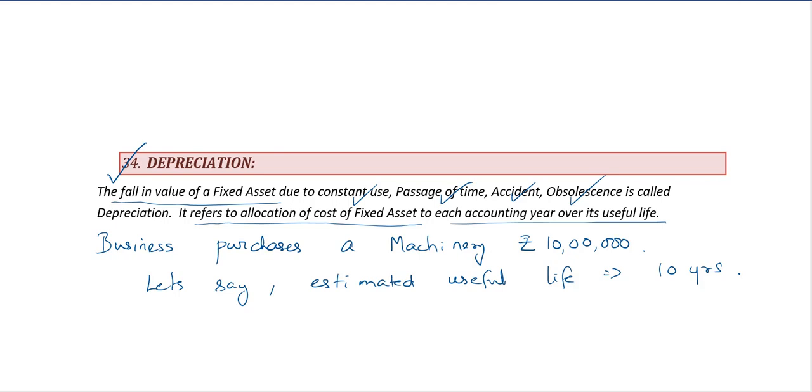So, when we spread the 10 lakh over 10 years, every year we will write off as expense rupees 1 lakh. So, this is called depreciation, where we allocate the cost of the fixed asset rupees 10 lakh to each accounting year over its useful life of 10 years and show over 10 years rupees 1 lakh as depreciation or expense every year.